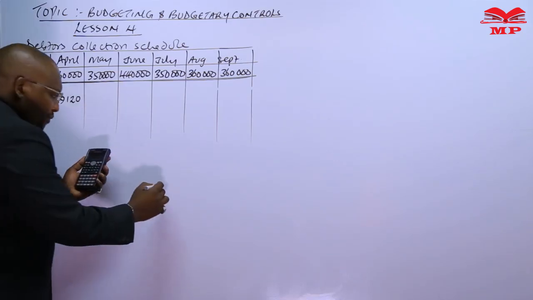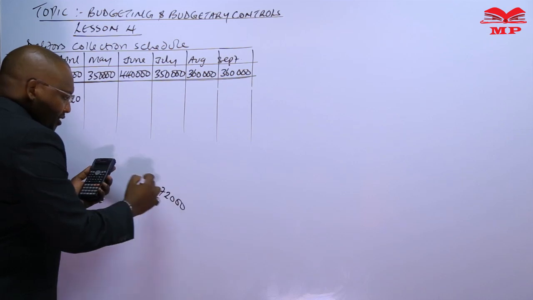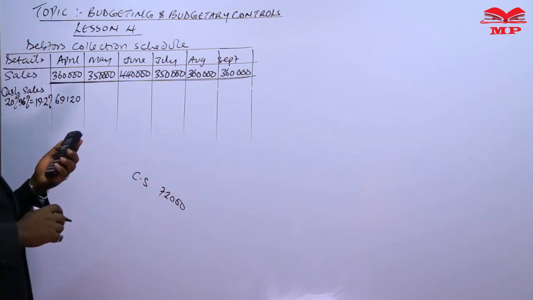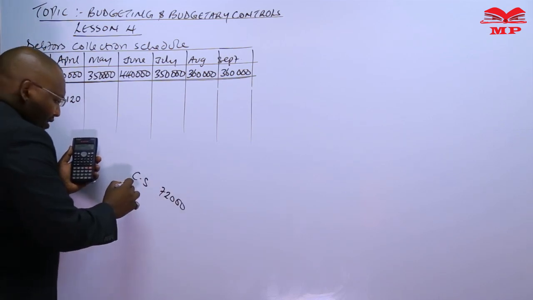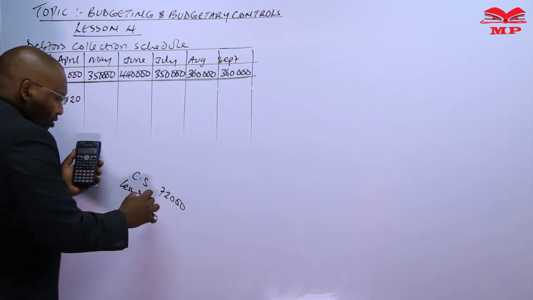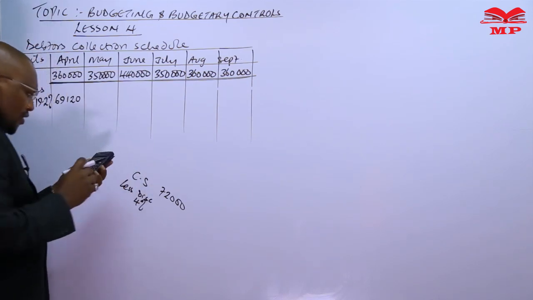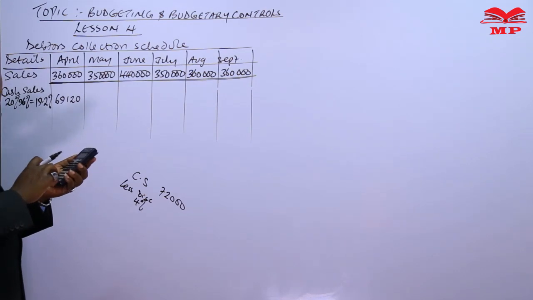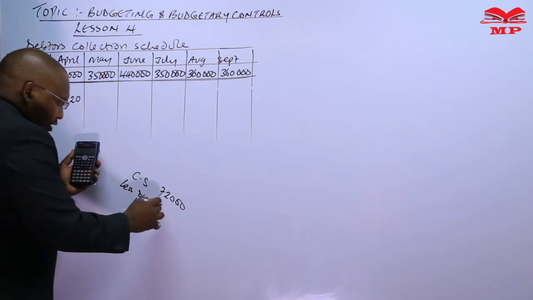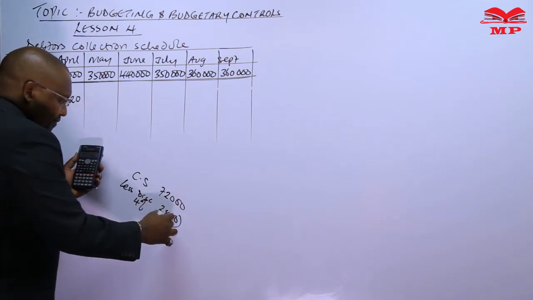We get, first of all, 72,000. This is cash sales. Then we less the discount, which is 4%. So if we multiply times 0.04, this is actually 2,880.